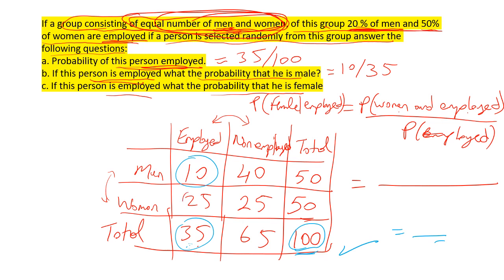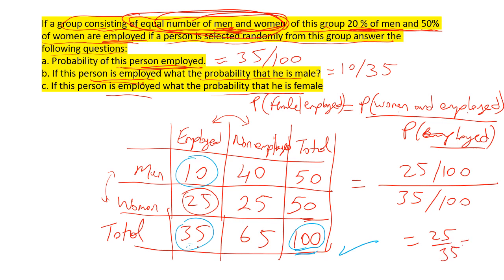Women and employed is 25 over 100, and then employed again, 35. So it has to be 25 over 35, which is equal to 5 over 7.